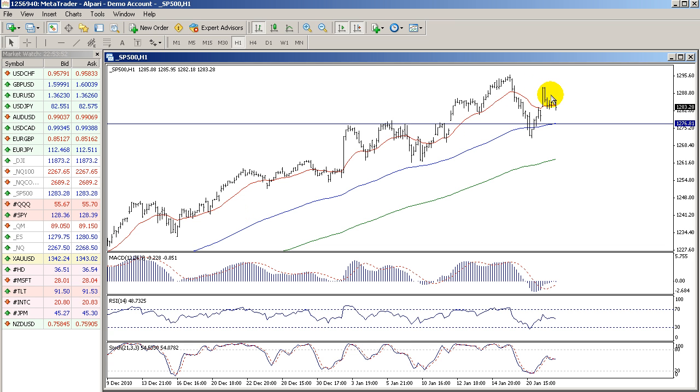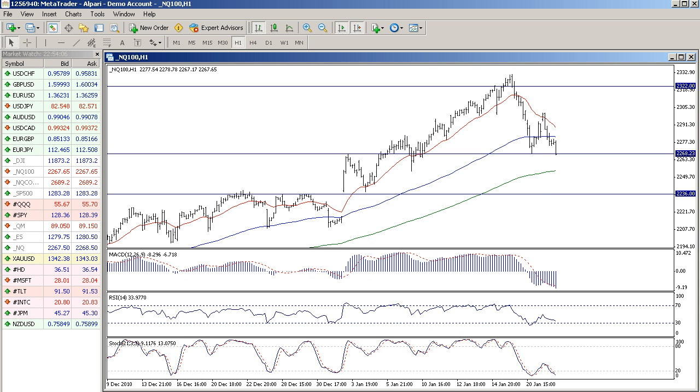What will make the hourly trend lower is a clear break below yesterday's low near 1271. I expect this to happen. Why? Because the Nasdaq 100 already broke below. It's not a firm break yet, but today's weakness in Nasdaq 100 is a very bearish sign.